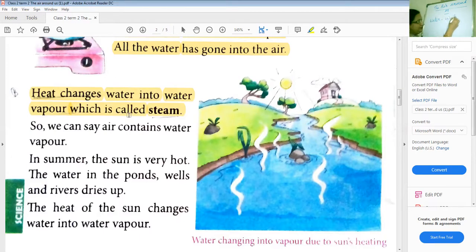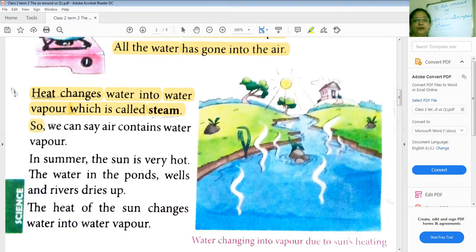Water is changing to water vapor. And what is it called? The hot water vapor is called steam. S-T-E-A-M, steam. Everybody should repeat. S-T-E-A-M, steam. So, you have to read after the teacher.